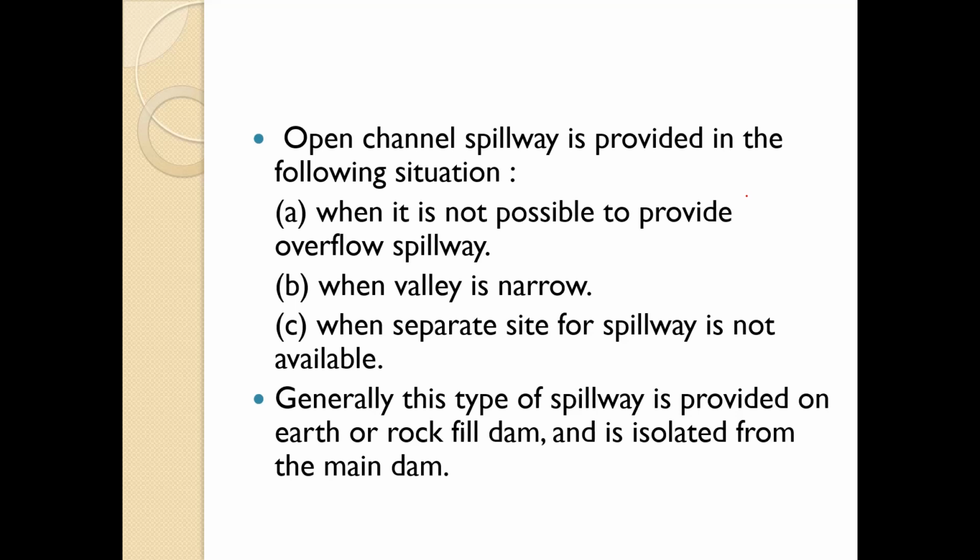A light reinforcement of about 0.25% of the concrete area is provided at the top of the slab in both directions. The channel is sometimes of constant width, and is usually narrowed for economy and then widened near the end to reduce the discharge velocity.